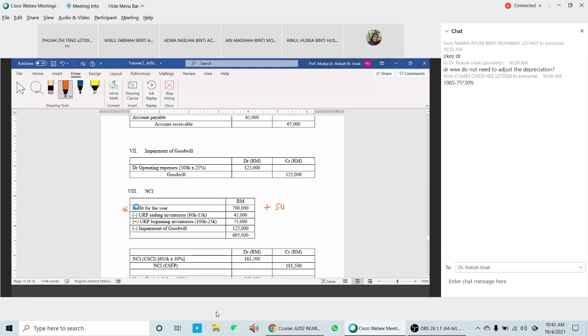Then what does it mention about the depreciation here? Accumulated depreciation. I need to think about this one also. Suppose your adjustments here, you need to plus this amount plus a minus 12.5, isn't it?